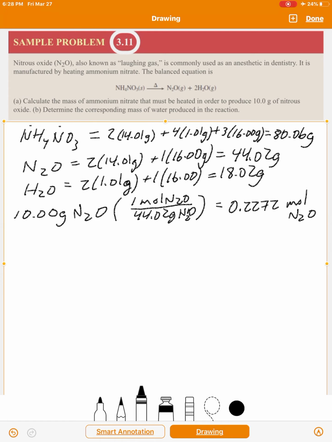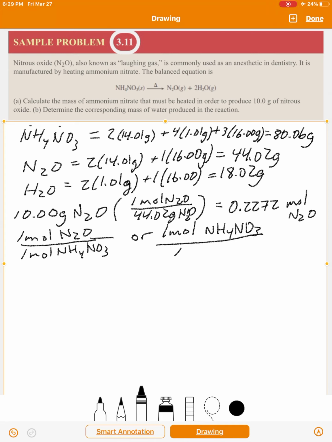Now here's the logic. They're asking us about ammonium nitrate. If you look at the balanced equation, it's 1 mole of N2O for every 1 mole of ammonium nitrate, or 1 mole of ammonium nitrate for every 1 mole of N2O, sorry.